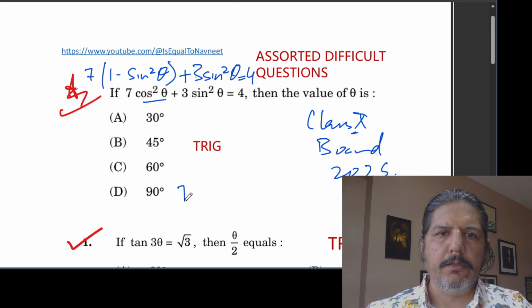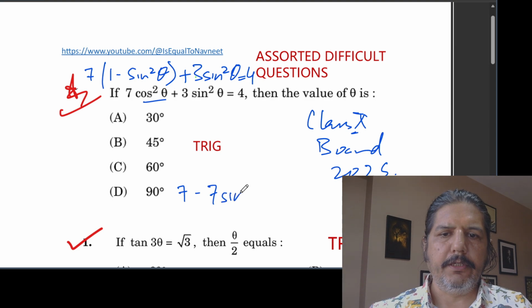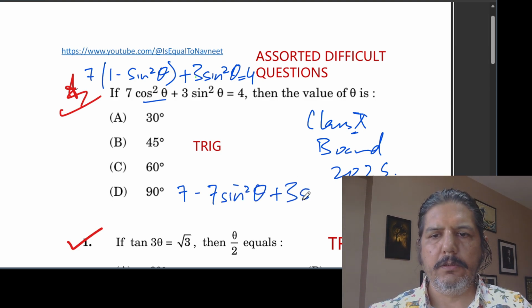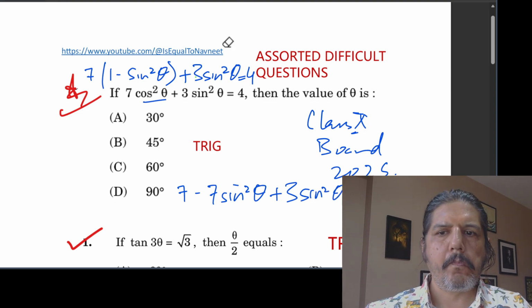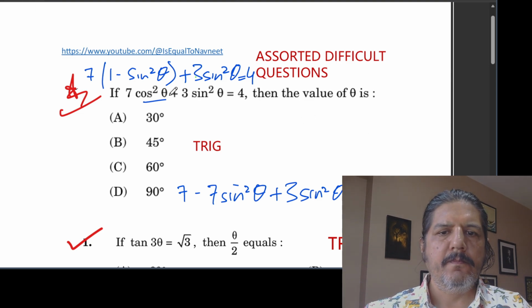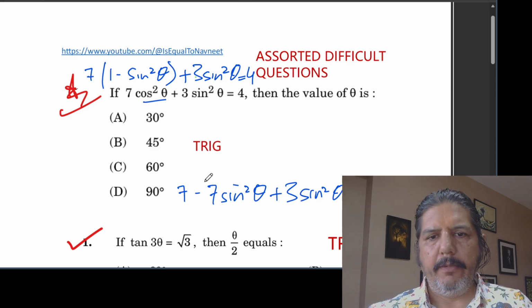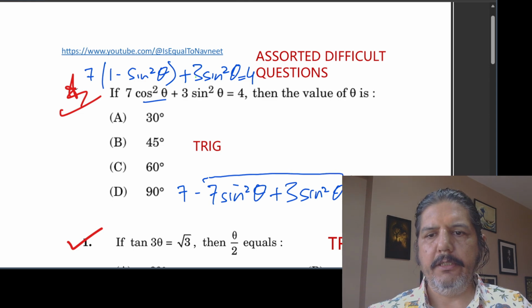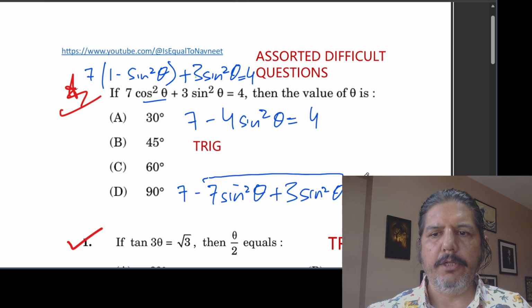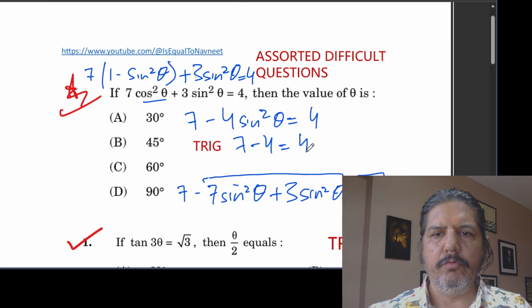So 7 minus 7 sin²θ plus 3 sin²θ is equal to 4. Minus 7 sin²θ plus 3 sin²θ would be equal to minus 4 sin²θ, and we have 4 here. So 7 minus 4 is equal to 4 sin²θ.